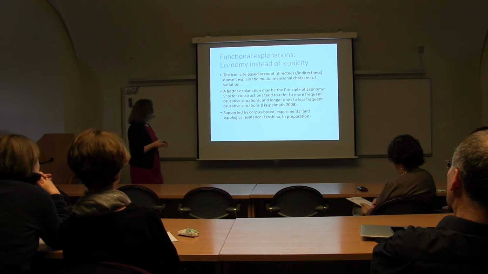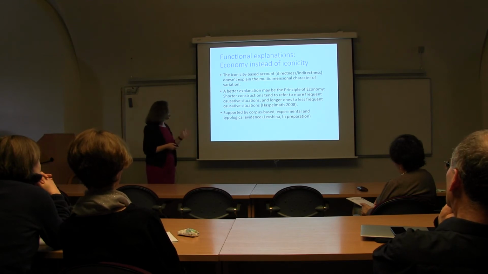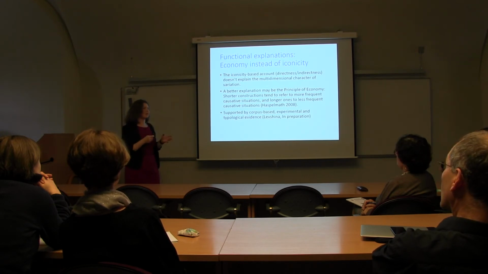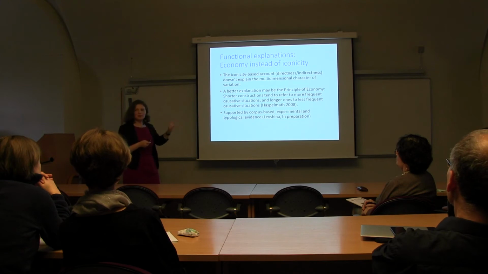This is also supported by corpus-based, experimental and typological evidence that I'm collecting at the moment. So, killing somebody or breaking something is apparently more frequent than causing, I don't know, making something disappear or something like that. At least maybe not on the level of specific pairs, but at the level of constructional types.